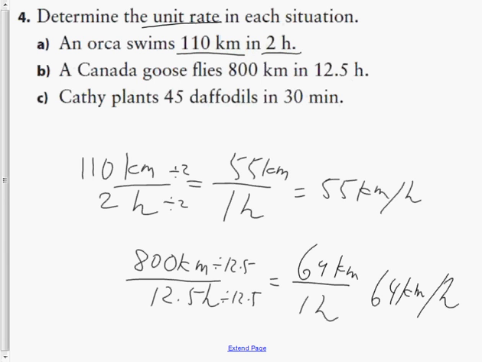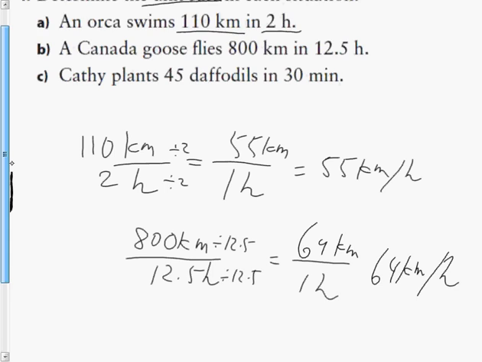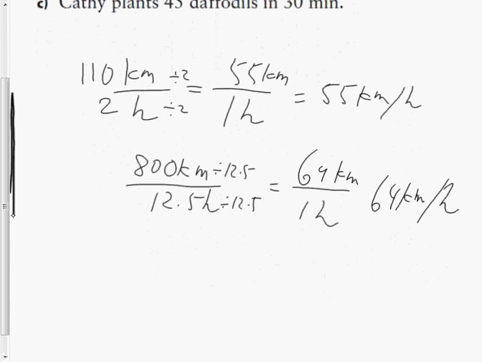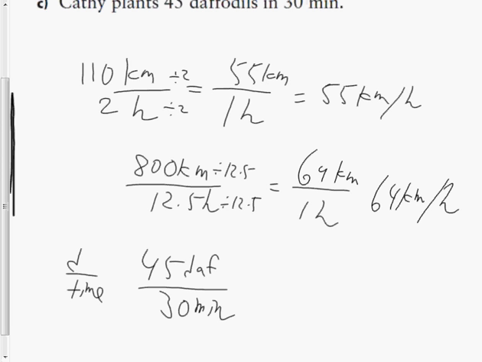I'm sure a lot of that has to do with wind, but the last one is Kathy planting 45 daffodils in 30 minutes. Okay, so again, I want daffodils per time. Now the question is, would I rather have how many daffodils she planted per minute, per second, or per hour?